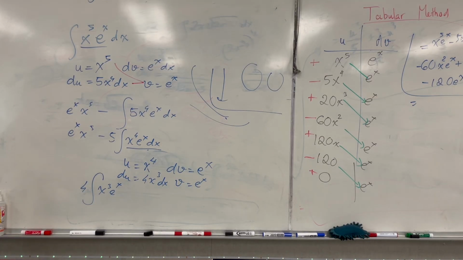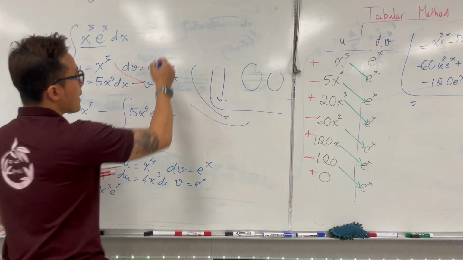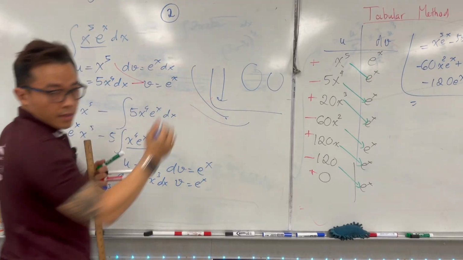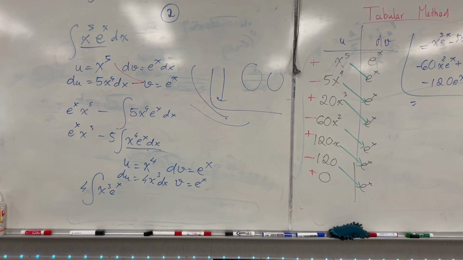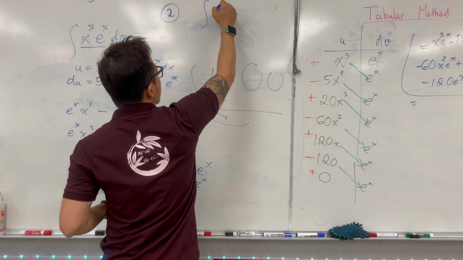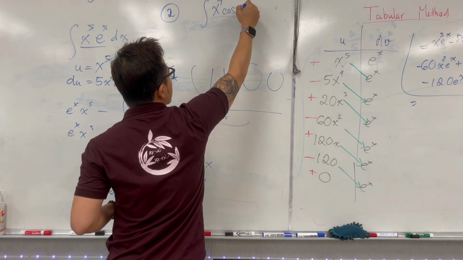I'm gonna give you a sample. You're gonna do it by yourself, maybe as homework, because you only have 2 minutes, right? Do this one by yourself at home. Write it on the paper: x^4 cosine x.